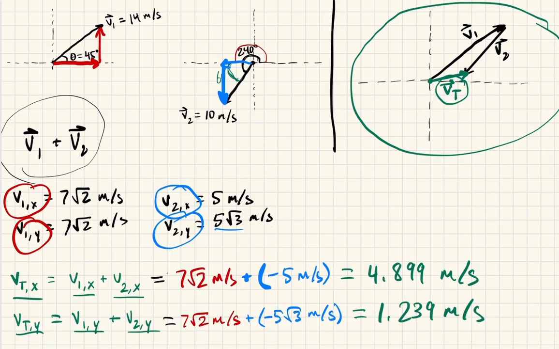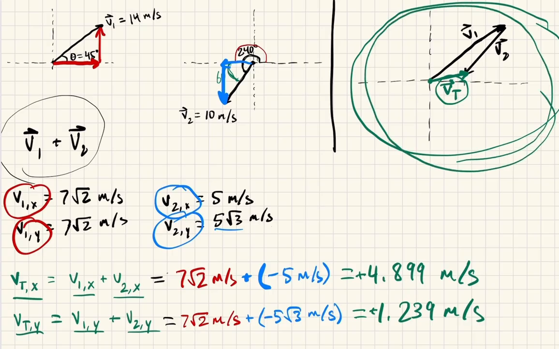Okay. Now, because both the x and y components of our resultant vector are positive, we know that the resultant vector is going to be in the first quadrant. And that is shown here as well, where the resultant vector is indeed in the first quadrant.